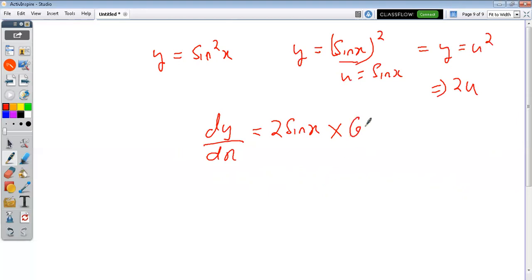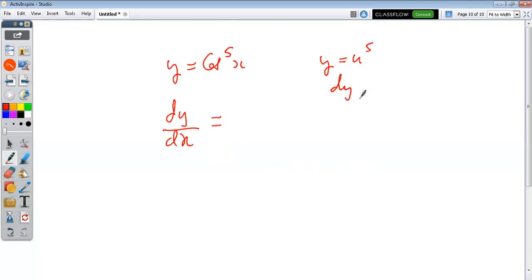Cos x. So I get 2 sine x cos x. Is that clear?